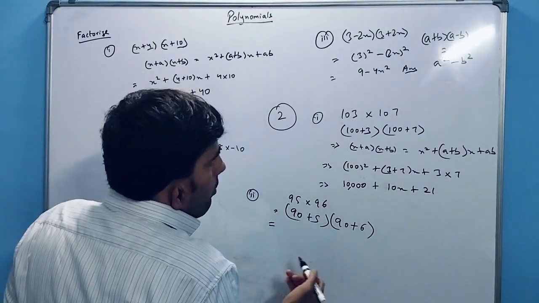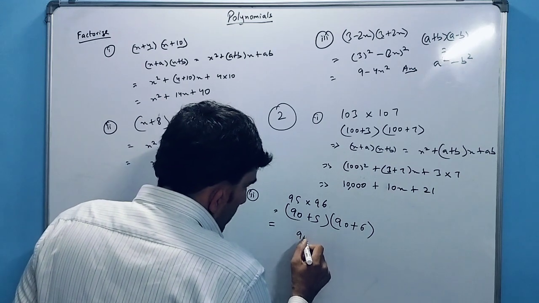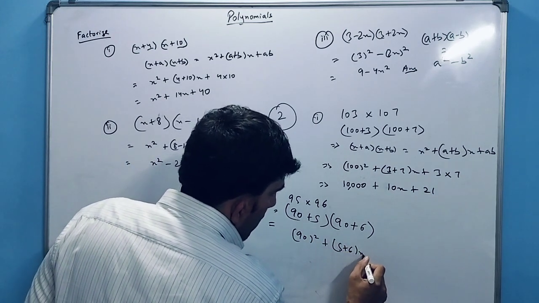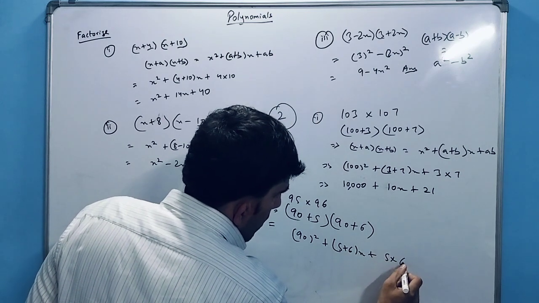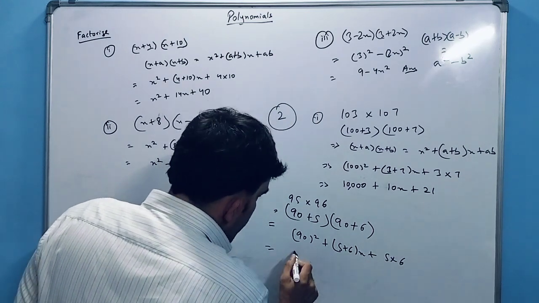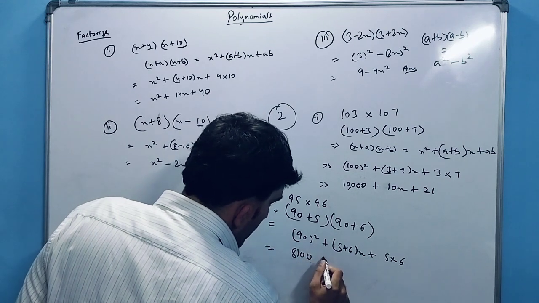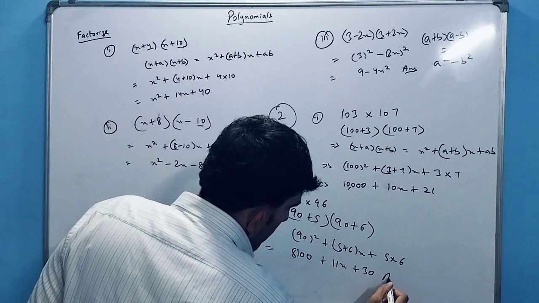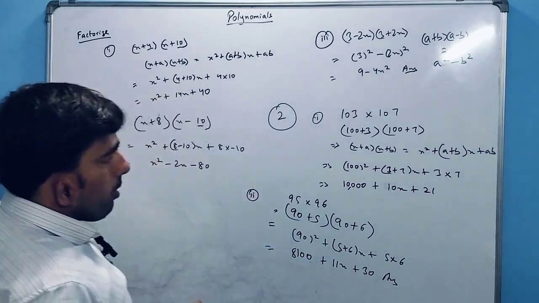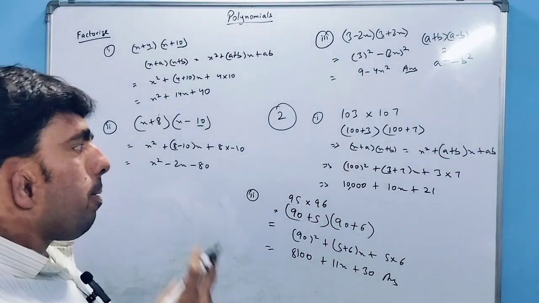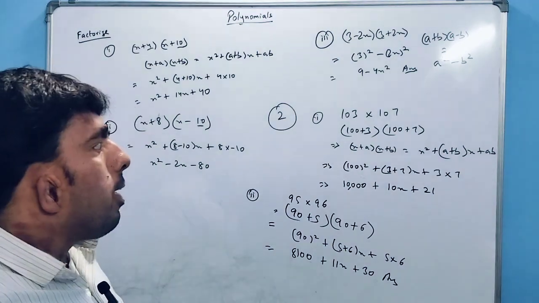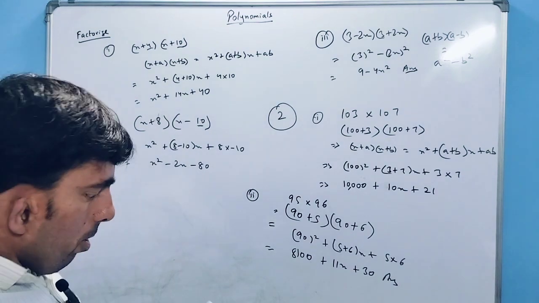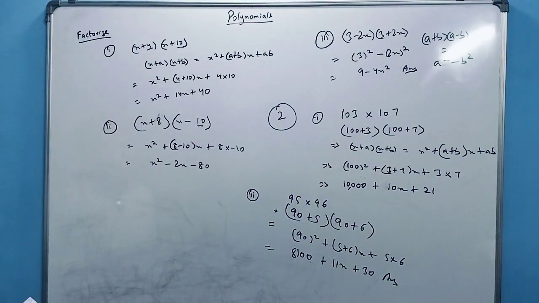So 90 into 90, that is 90 square plus (5 plus 6)90 plus 5 into 6. Now 9 into 9, 81, so 8100 plus 990 plus 30. Okay, so that is how we can apply the identity (x + a)(x + b), that is x square plus (a plus b)x plus ab. So that is how we can apply the identity.